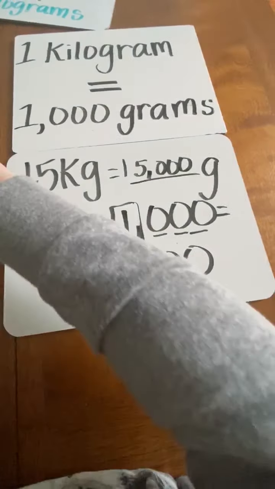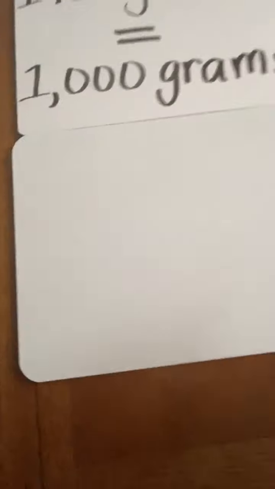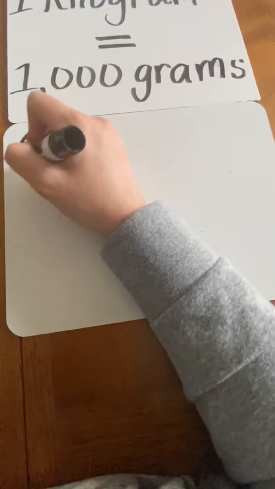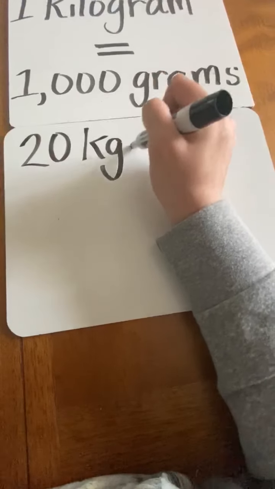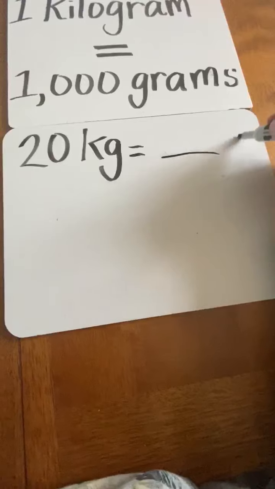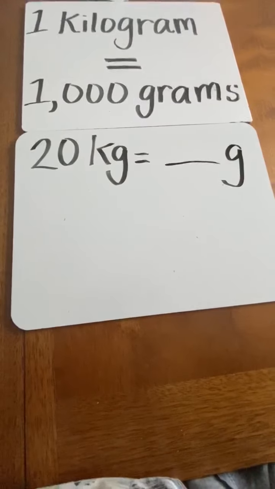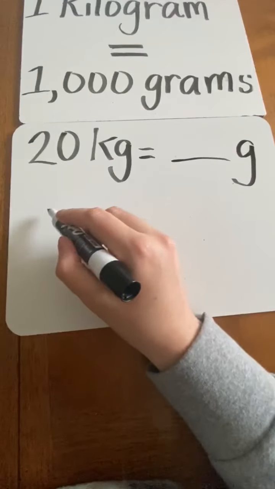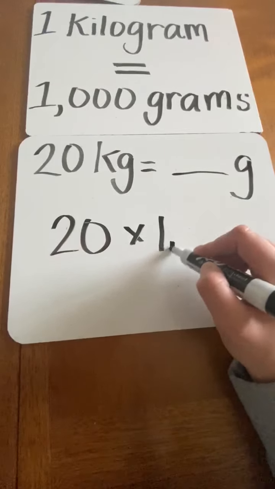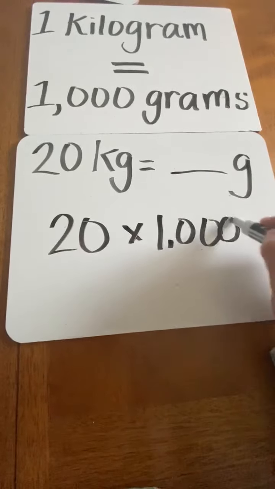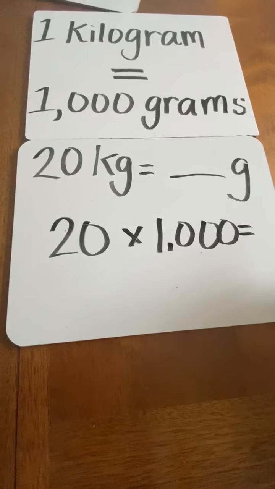Let's do one more together. Okay, let's say I'm given 20 kilograms now. I want to know 20 kilograms equals how many grams? So, starting with my 20 and multiplying by 1,000 for the 1,000 grams that are in 1 kilogram.